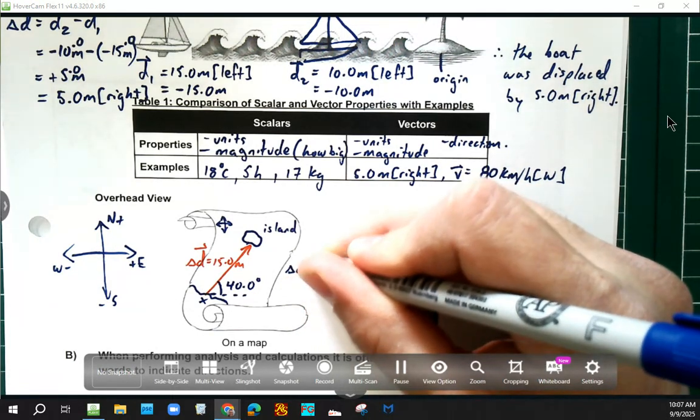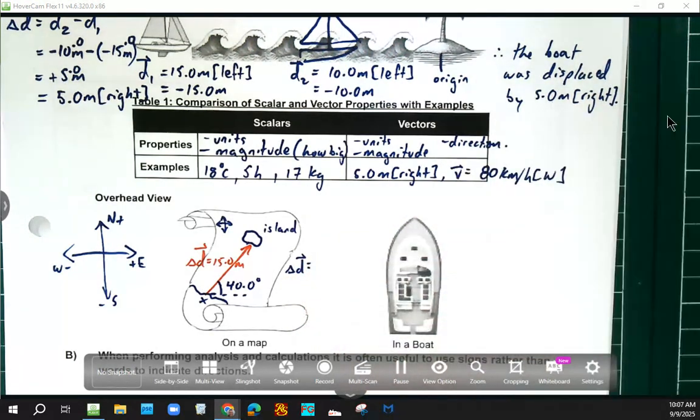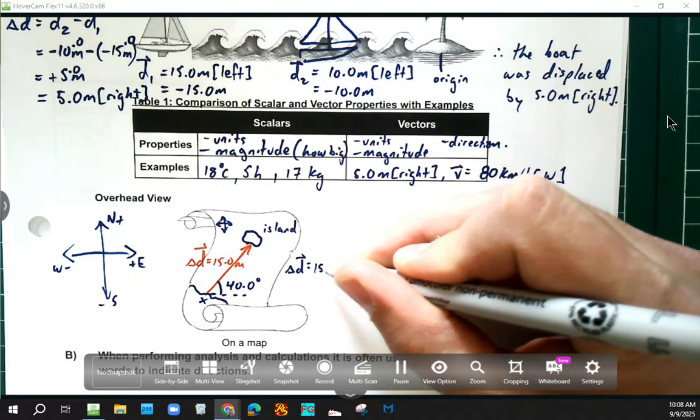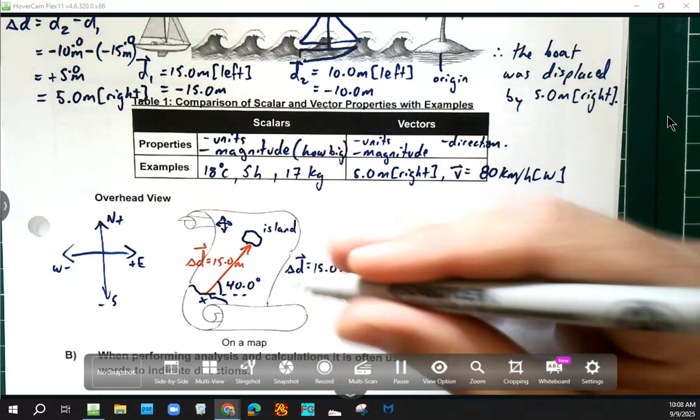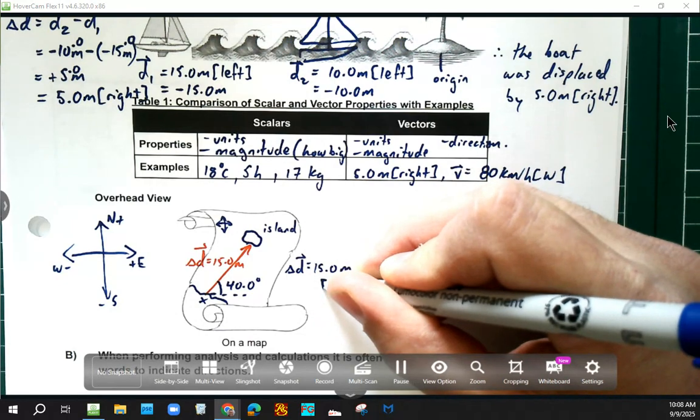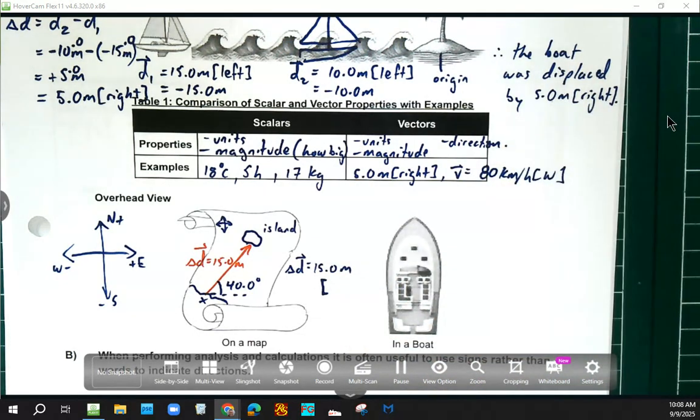There's a method. So we say, okay, well, the displacement that this boat's going to experience from the shore all the way to the island is 15 meters. Okay, that's our magnitude and our units. I formatted this badly. I'm going to run out of space. So I'm going to write it below just because of my own formatting issues. The way I would write it is, open my square brackets, and it's almost instructional. Not almost, it's totally instructional.